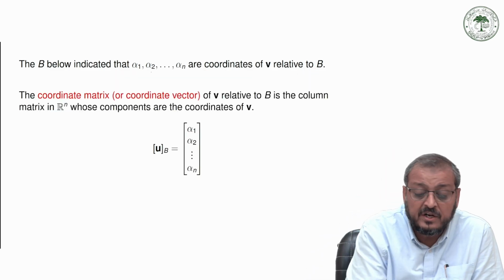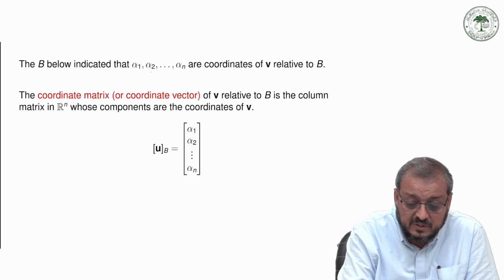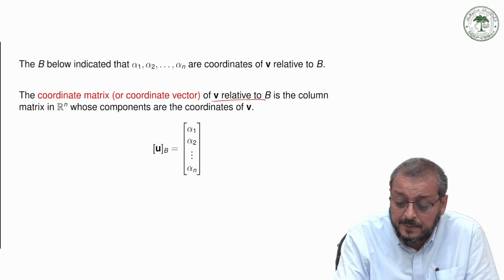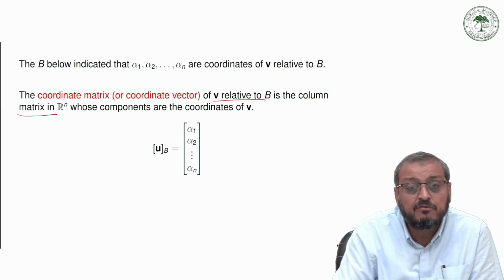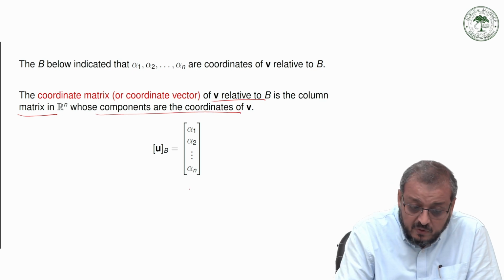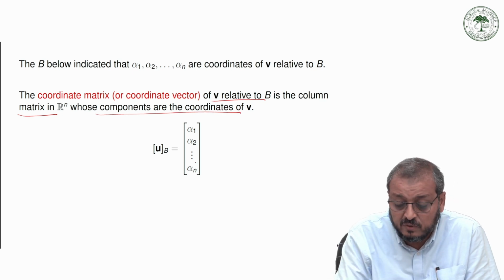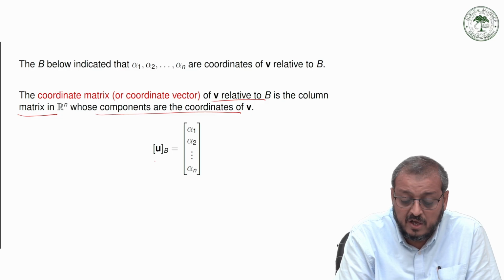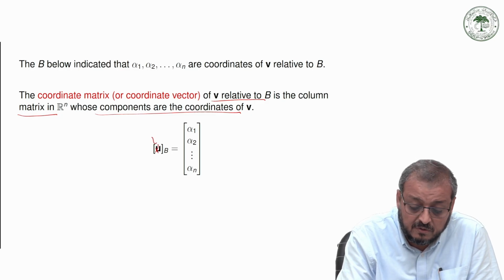Okay, now just as a coordinate matrix or coordinate vector, you can say that v relative to B is the column matrix in Rn whose components are the coordinates. So we can write it in this form. Again, this is v, not u, sorry.